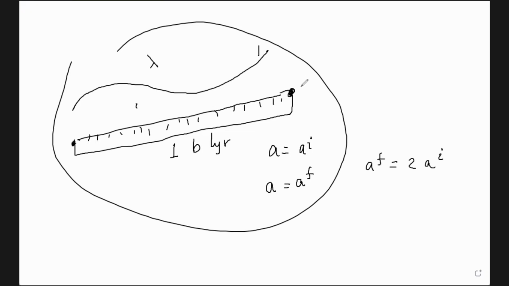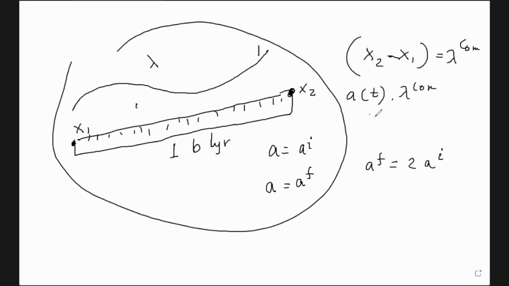If I take this x2 and this x1, then x2 minus x1, suppose it is one dimension, that is the co-moving distance. Lambda co-moving means it is moving with the coordinate. That does not change. But the physical distance is a(t) times lambda co-moving. So it will be 2 because it has become 2 times 1 billion light year. Is it clear?